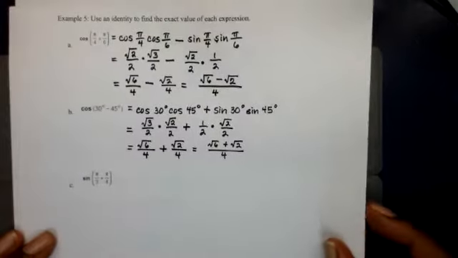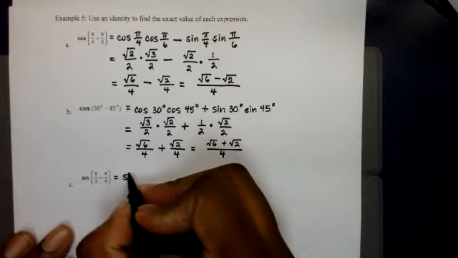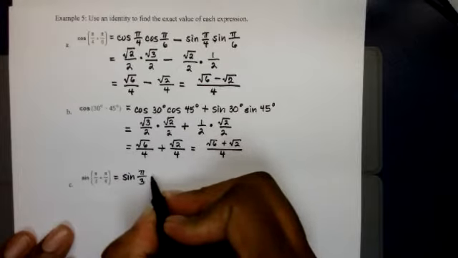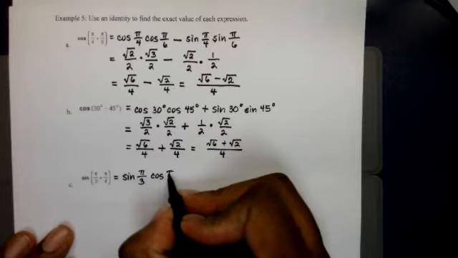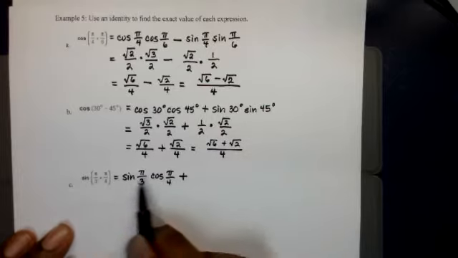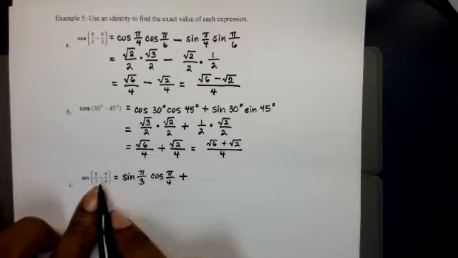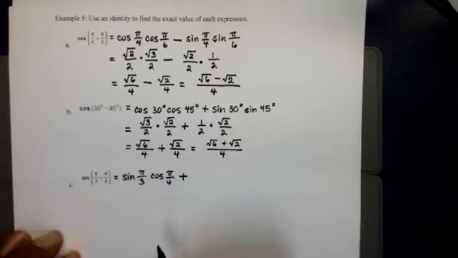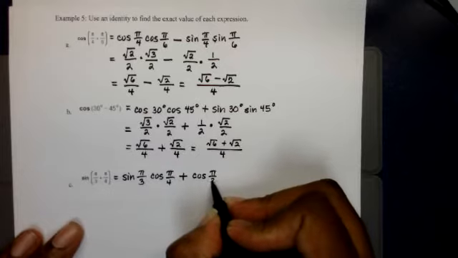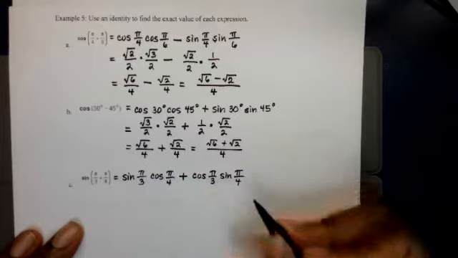So sine of pi thirds plus pi fourths is the sine of the first, pi thirds, then cosine of the second, pi fourths, and it's still going to be plus, the sign stays the same. If it's plus for the sine of the two, this has to be a plus. And then cosine of that first angle, pi thirds, sine of the second angle, pi fourths.